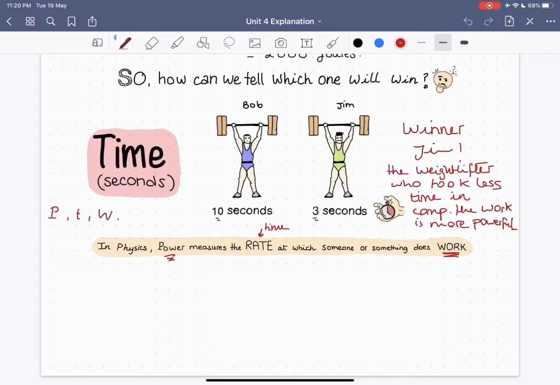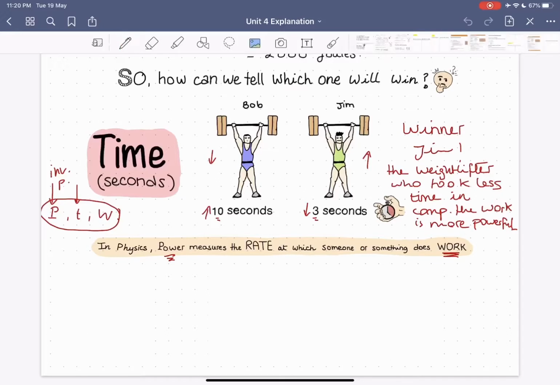In order to find the relationship linking them together, let's analyze the example that we have. You can see that the less time the person takes in completing a work, the more power he is considered to have. And the more time we take in completing a work, the less the power. So you can see how power and time are inversely proportional.